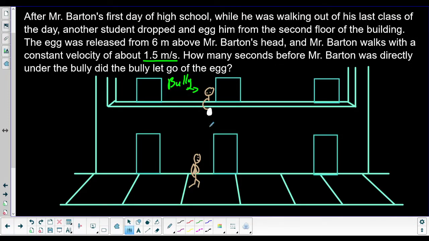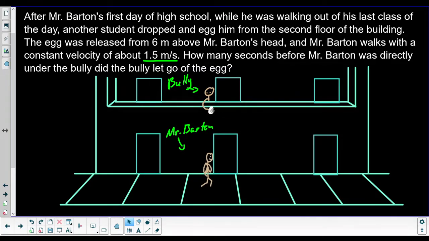The bully's up here. This is me, Mr. Barton. And the bully's going to drop this beautifully drawn egg onto my head. So, if the bully, being a dumb bully, waits till I'm directly under the egg, he drops the egg, or she, could have been a girl, I have no idea who did it.